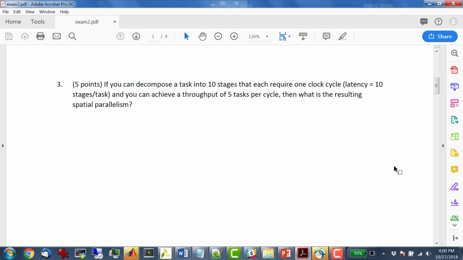Parallelism is an unknown, and the latency is 10 stages per task. So the parallelism is going to just be 50, right? And the units there are stages per cycle. Okay? Any questions? Okay.